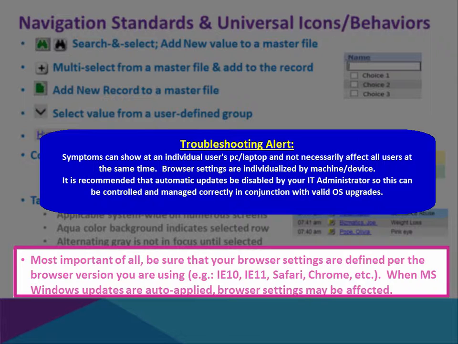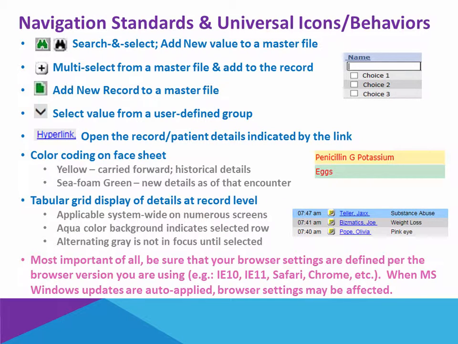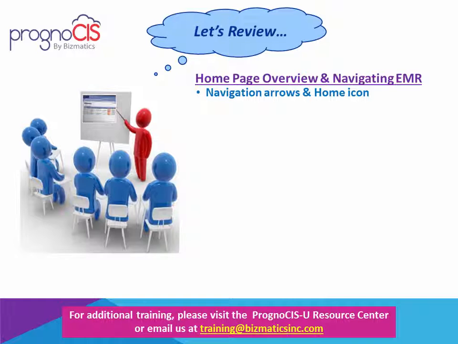So it is extremely important that you understand this. And that is why, as we pointed out in our initially logging in and accessing prognosis video, one of the icons on your login screen is a shortcut to browser settings, so that whenever there has been a change or your prognosis navigation seems to be impacted negatively, you're able to restore those settings correctly.